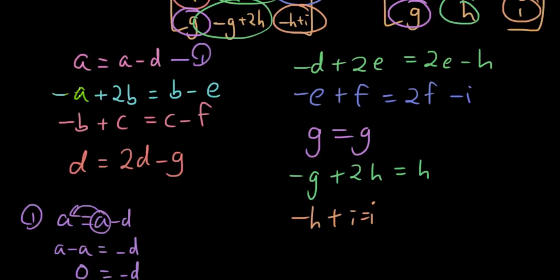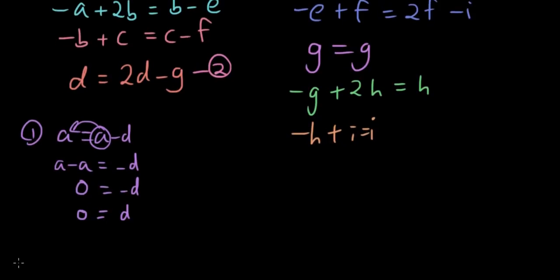So if d is 0, I'm going to start looking for wherever I have d. So that's going to be over here. Let's call this equation 2. Right, so I've done 1. Now let's do 2. I have d equals 2d minus g.